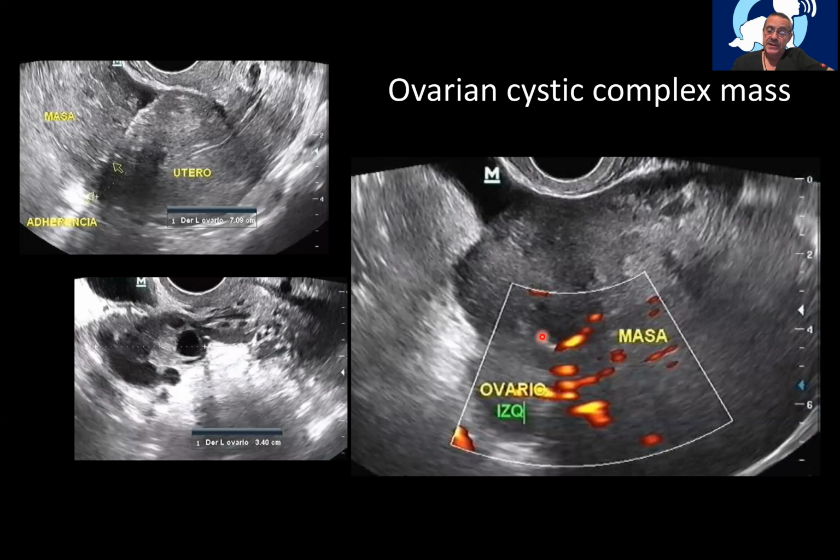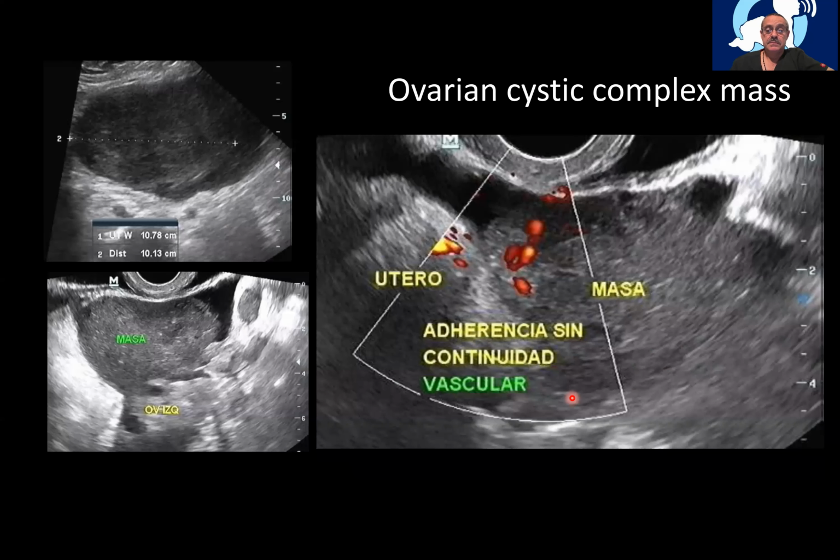This is a different patient with a cystic complex mass, which shares vessels with the left ovary. Fixed to the uterus without sharing blood vessels with the uterus. See, there's no connection here.